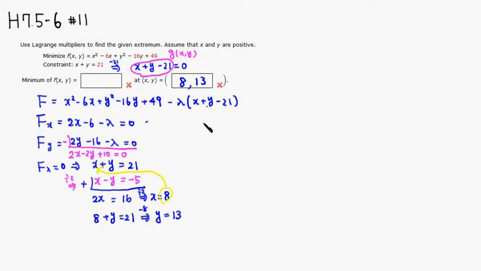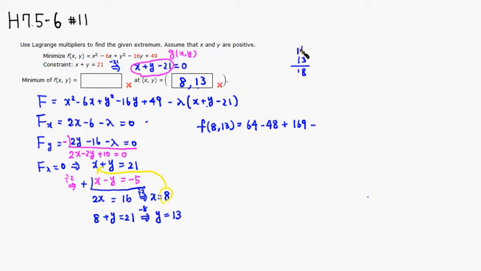So you have f of 8 comma 13. You have x squared, so 8 squared, 64, minus 6 times 8, 48, then plus 13 squared, 169, minus 16 times y, where y is 13. What's 16 times 13?